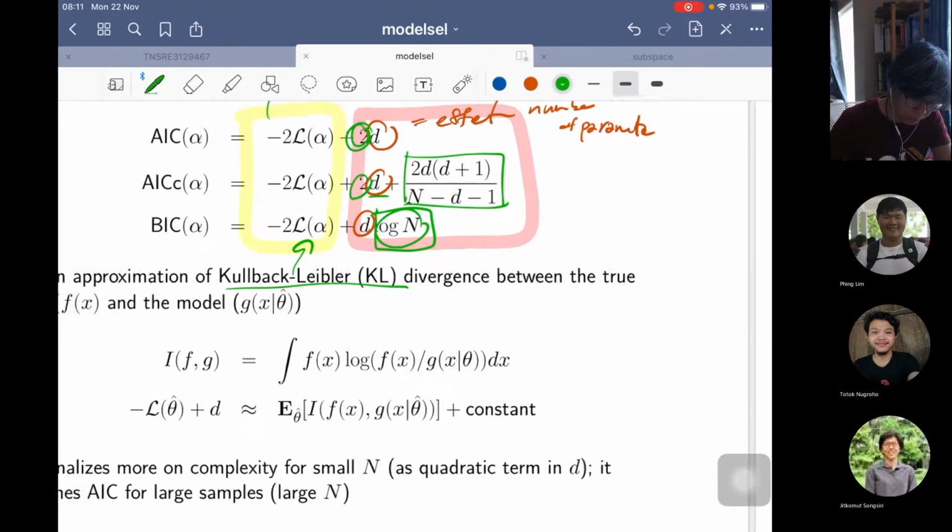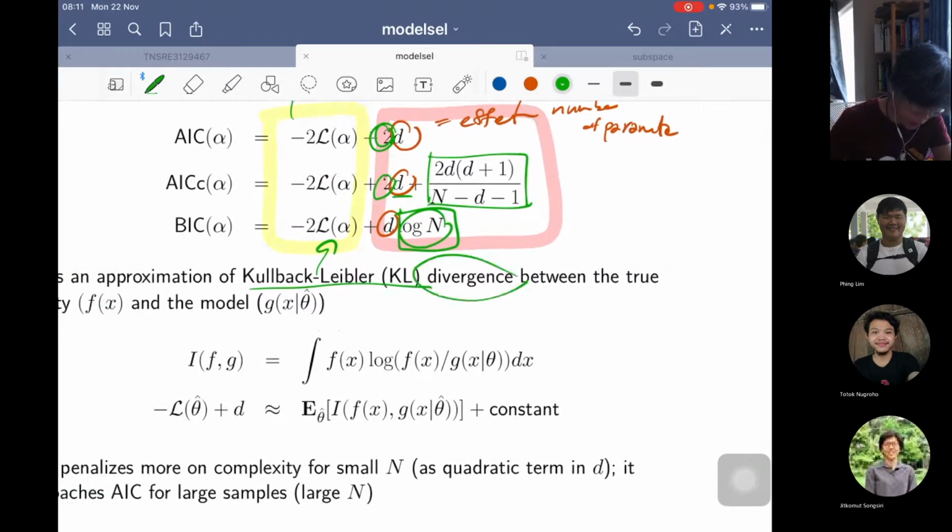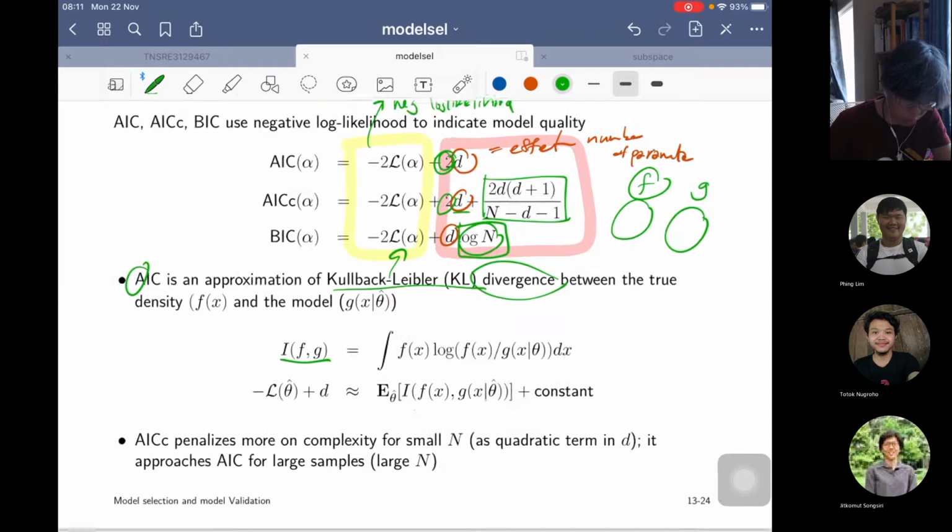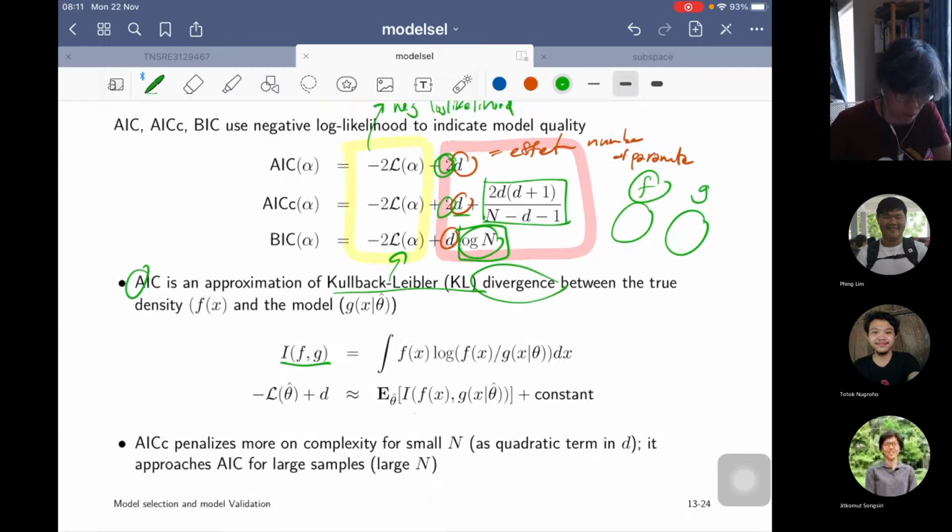Its notation is given by I(F, G). Basically, you have two distributions, F and G. Typically, F is used to refer to the true model, the true density, and distribution G is used for your assumed model.